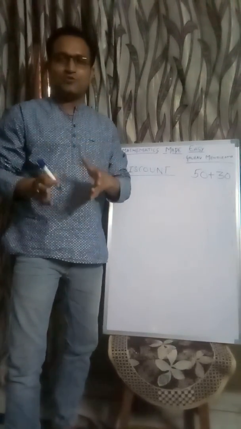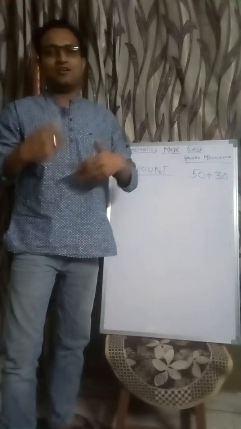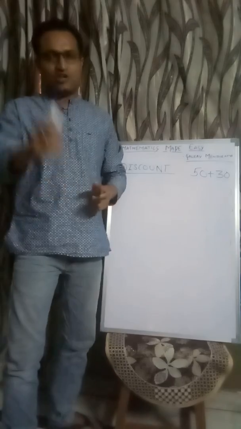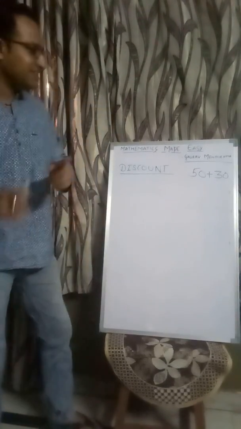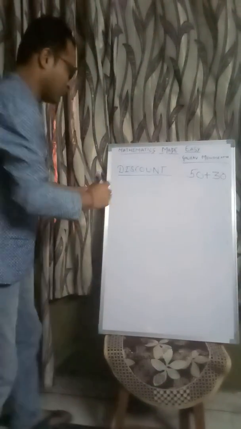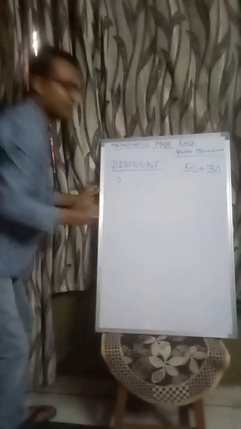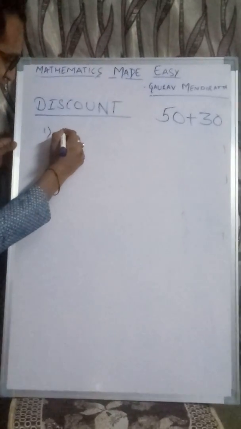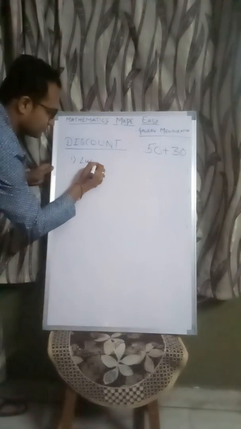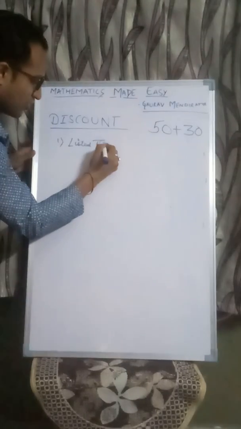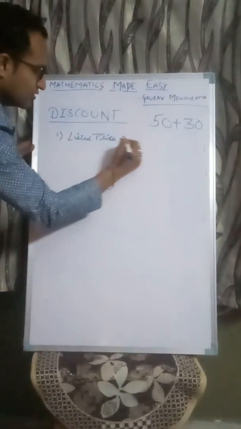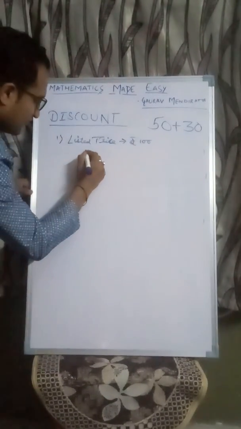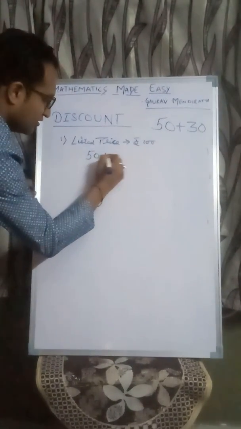This is only to attract you so that you can visit their store, but actually the discount is not 80%. So how much is the discount? Let's take one example and I'll tell you how you will do it further. For example, we'll take a very common example: the listed price of an item is 100 rupees and the discount percentage is 50 plus 30.